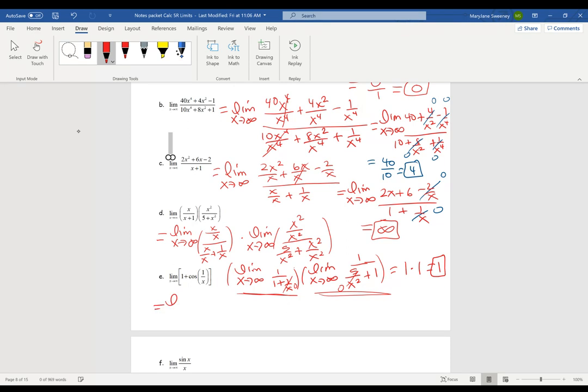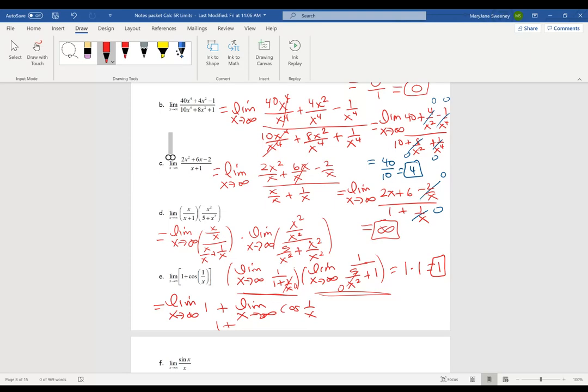With the next one, limit as x approaches infinity of 1 plus the limit as x approaches infinity of cos of 1 over x. So the limit as x approaches infinity of 1: the limit of a constant, we said, is the constant. Limit as x approaches infinity of cos of 1 over x.